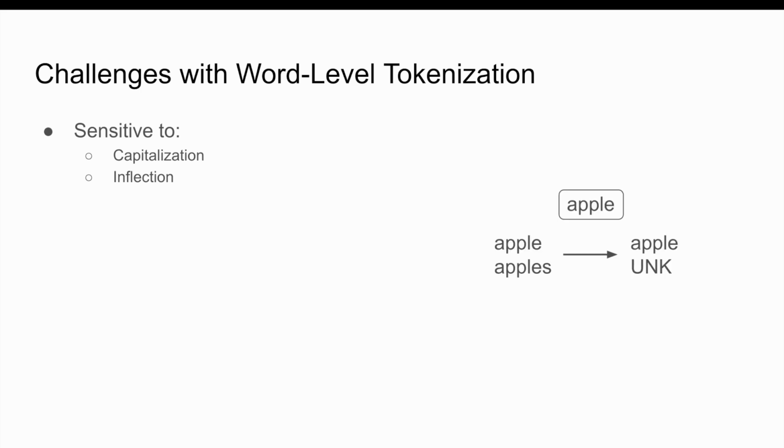And this is sensitive to things like capitalization. If you have apple in your vocabulary, lowercase apple will get tokenized as apple, but capital A apple will just be UNK. It also will be sensitive to inflection. If you have apple in your vocabulary, apples is going to be an UNK.